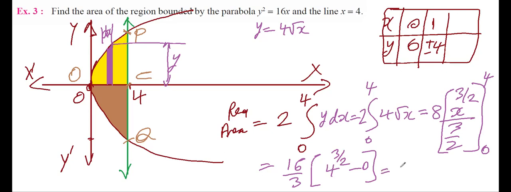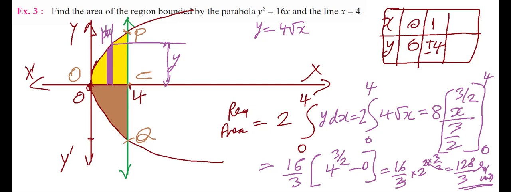Now this 4 I can write as 2 square. So 2 square into 3 by 2, the 2s cancel, and this will be 8. Okay, so 8 into 16 is 128 upon 3 square units. This is the final answer.